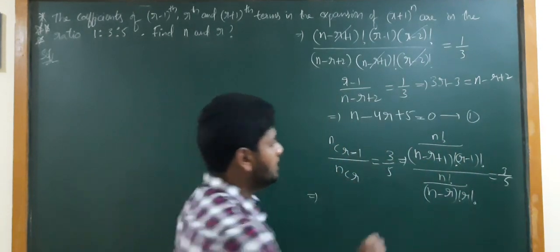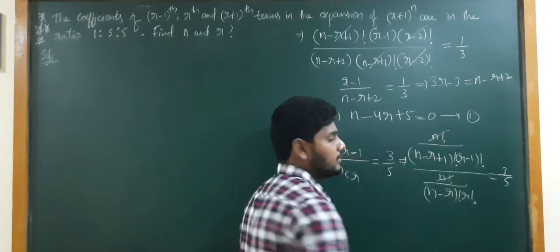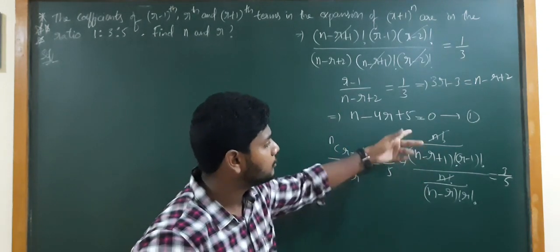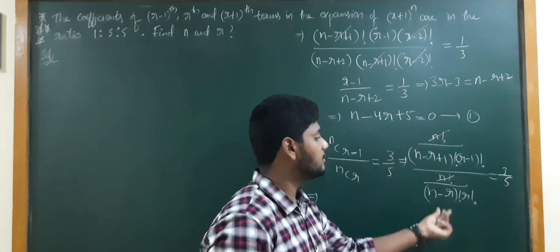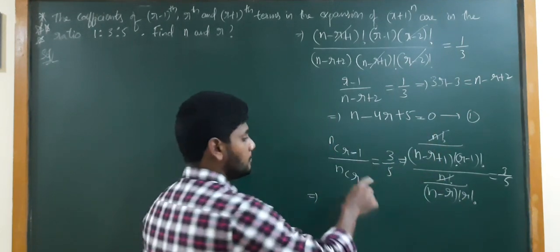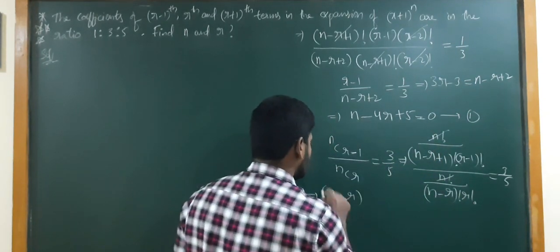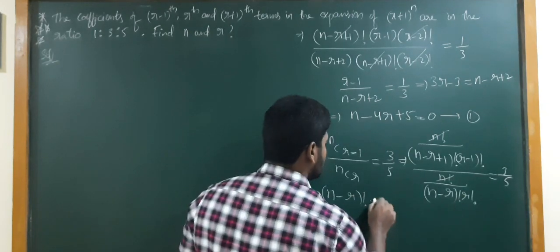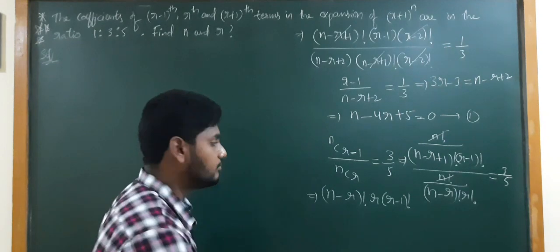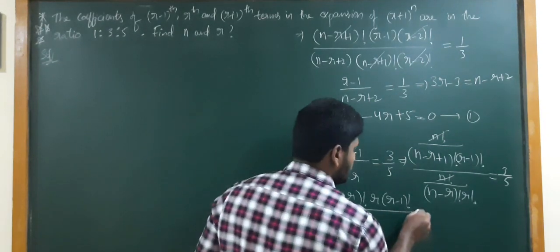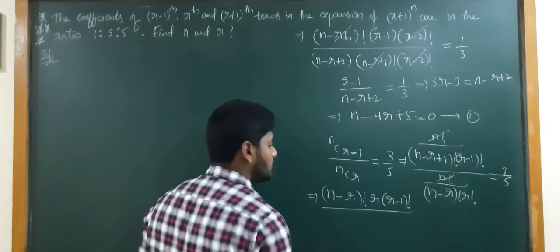Now here n factorial and n factorial cancel. We will do the reciprocal, right? That means (n−r) factorial into r factorial we will write on the top. So (n−r) factorial into r factorial, how can we write? r into (r−1) factorial we can write, like 5 factorial is 5 into 4 factorial, divided by (n−r+1) factorial.